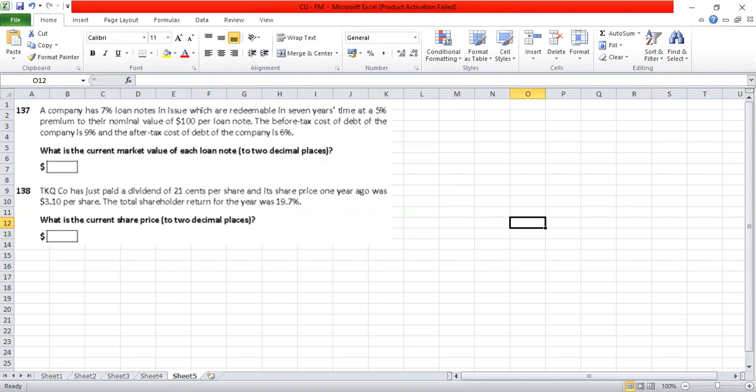A company has 7% loan notes in issue which are redeemable in 7 years' time at a 5% premium to their nominal value of $100 per loan note. The before tax cost of debt of the company is 9% and the after tax cost of debt of the company is 6%. What is the current market value of each loan?